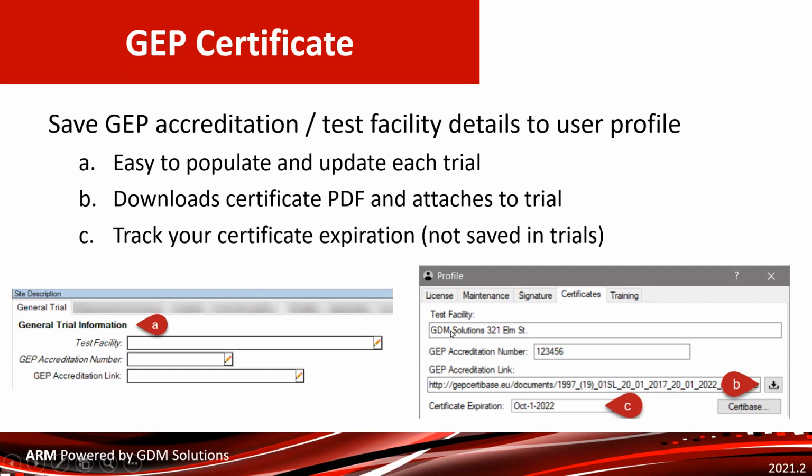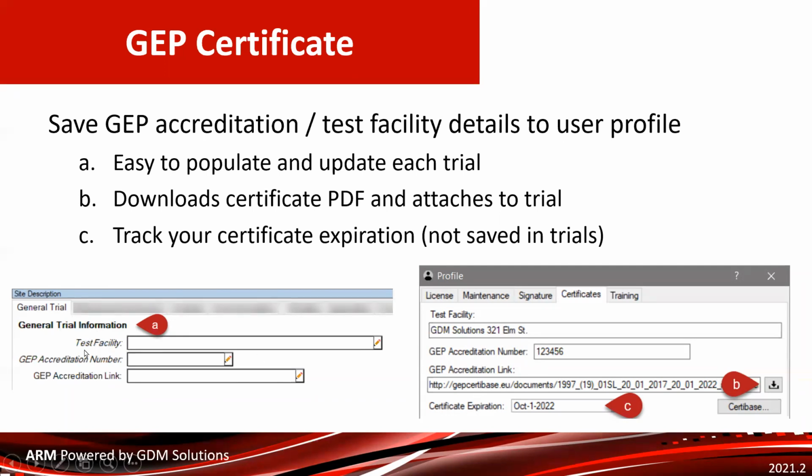So essentially, just the workflow here, to address some questions: me as the ARM user would fill in my test facility details, and then I would choose which trials to populate that information with. So if this is the trial I am working on, I'm the trialist that's going to perform this study, and therefore I need to fill in these details.